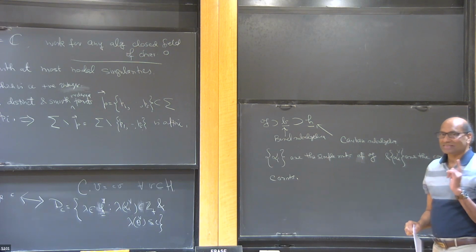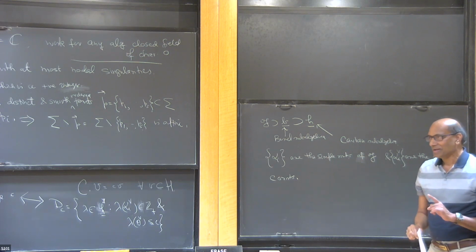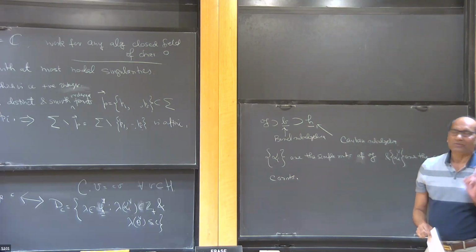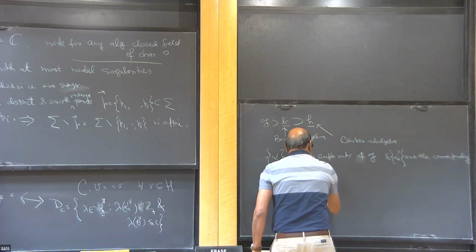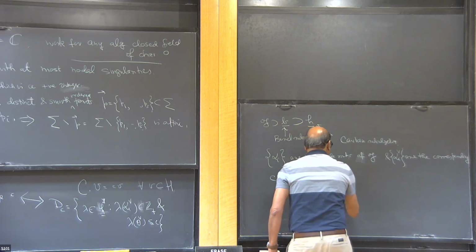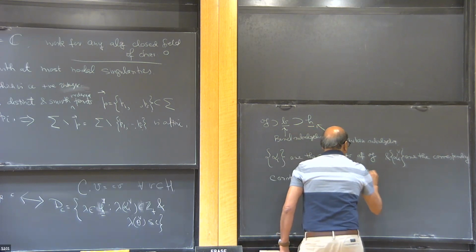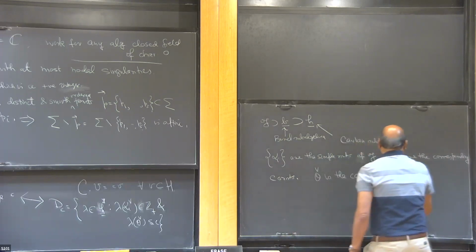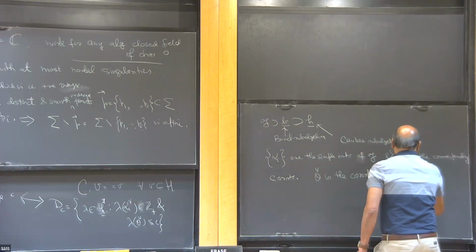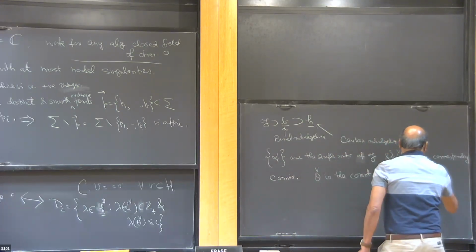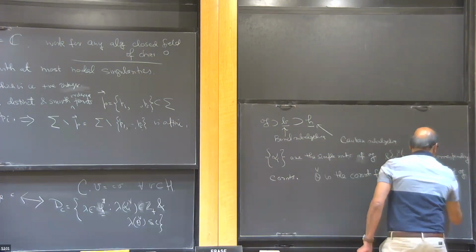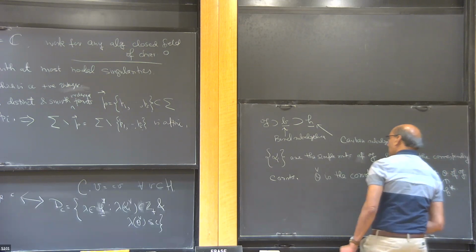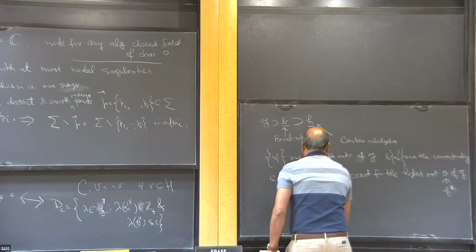Theta check is not the highest co-root. It's the co-root corresponding to the highest root theta of g. So theta lives in h star, and theta check lives in the Cartan.